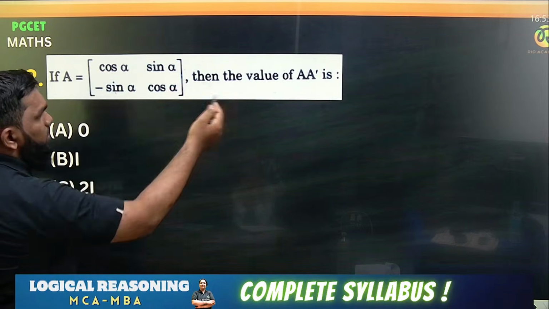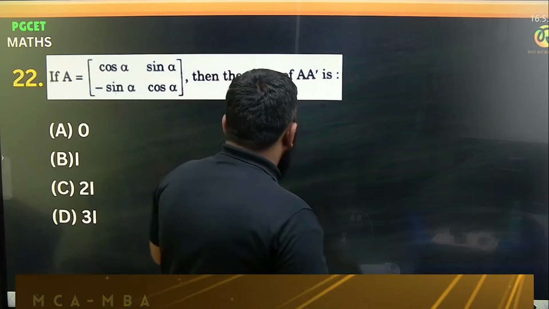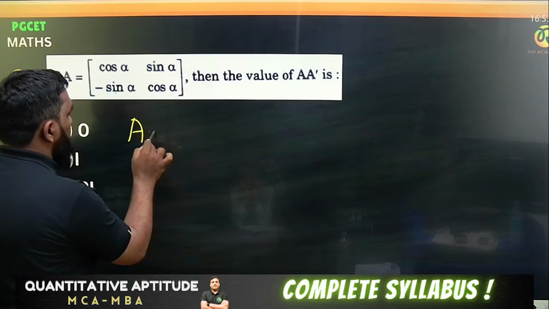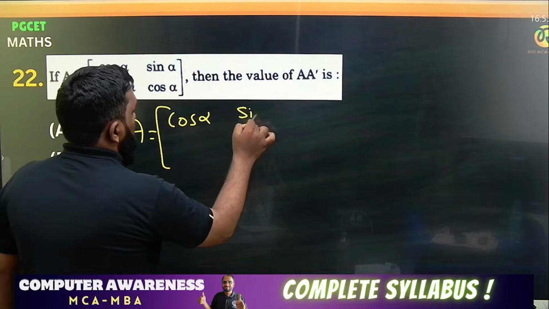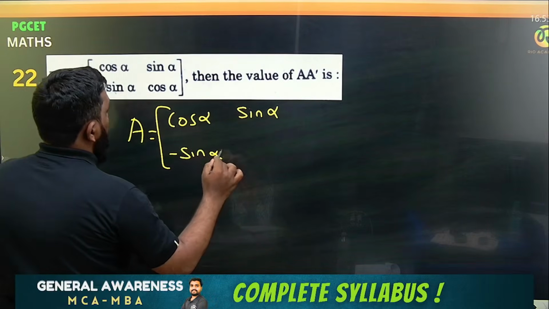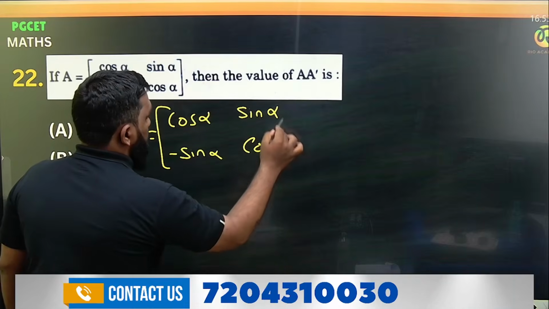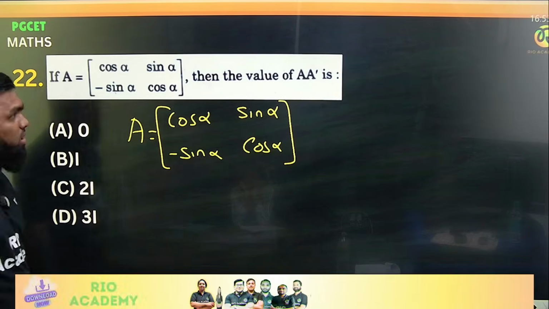The question is, find the value of A into A dash. We write A as it is: cos alpha, sin alpha in the first row, and minus sin alpha, cos alpha in the second row.